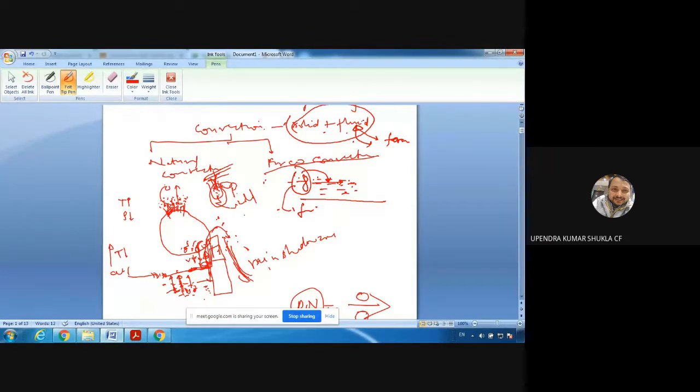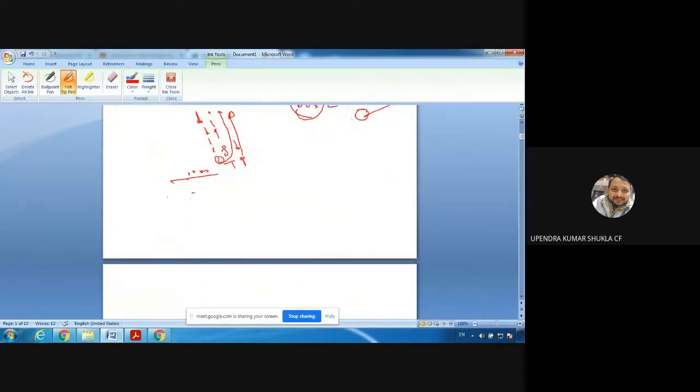Since buoyancy force is generated due to density variation, let me discuss. Buoyancy force is generated due to density variation, increase or decrease, produced by temperature variation.